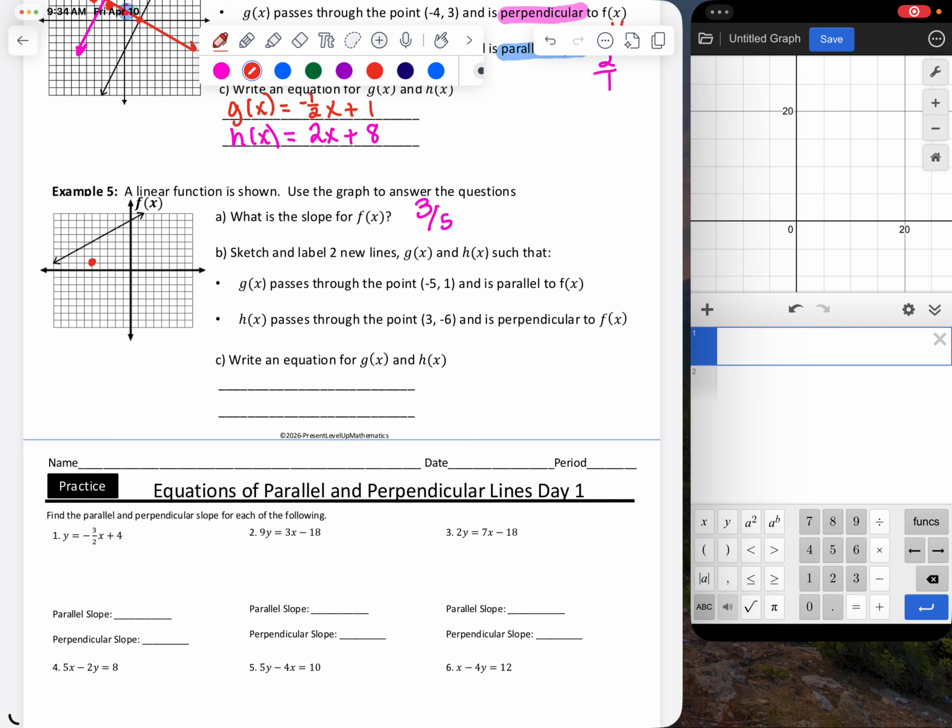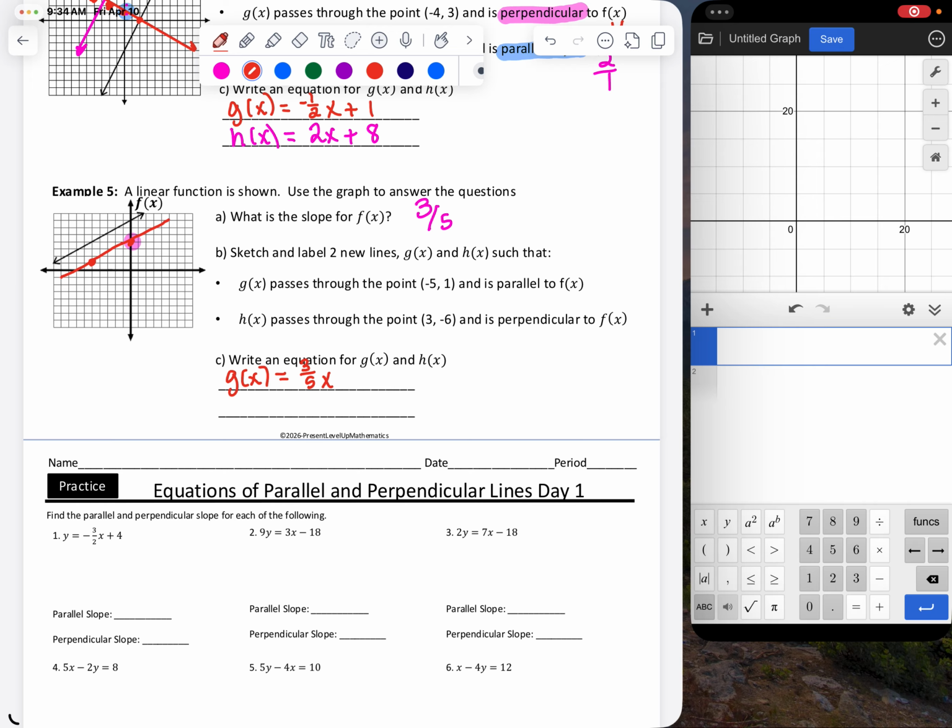So I know that g of x, because it's parallel, would be 3 over 5x plus something or 3 over 5x minus something. All right. Now let's use the slope, 3/5, up 3 and right 5. So 1, 2, 3, 1, 2, 3, 4, 5. Bingo, I just found what I needed. I now know where it touches the y-axis.